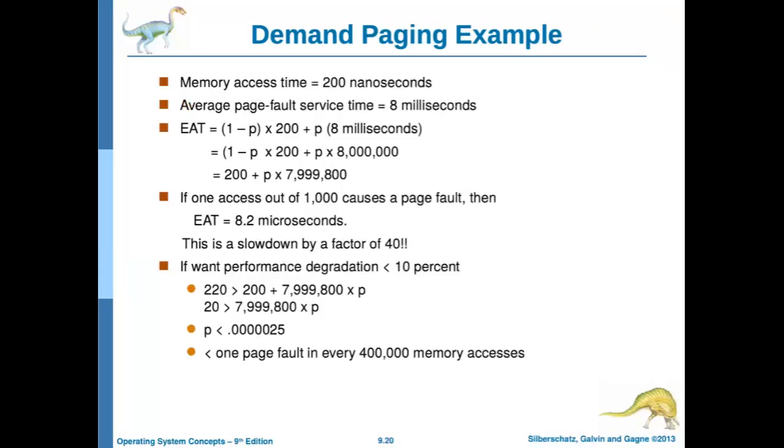And this is just one example. Assuming that the memory access time is just 200 nanoseconds and the average page fault service time is 8 milliseconds, putting all these values in the formula, it is (1 minus P) times 200, that is the memory access time, plus P times 8 milliseconds, which is the average page fault service time.